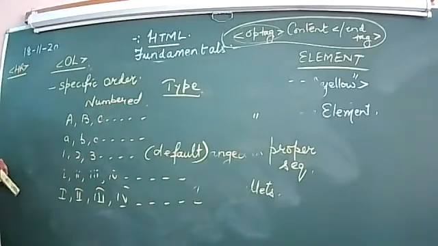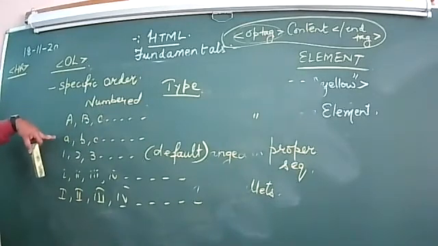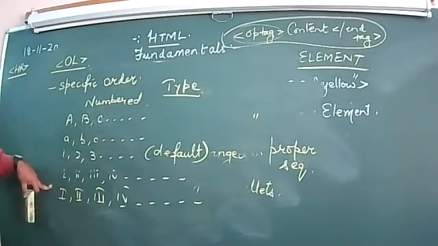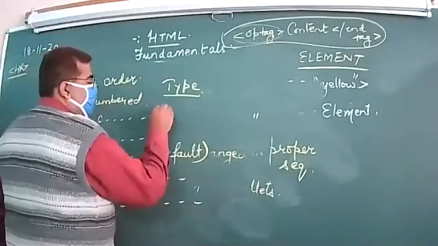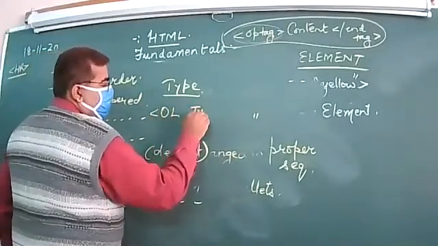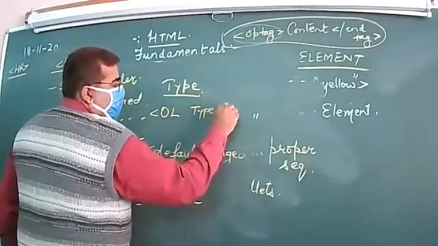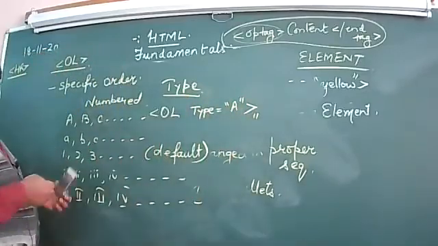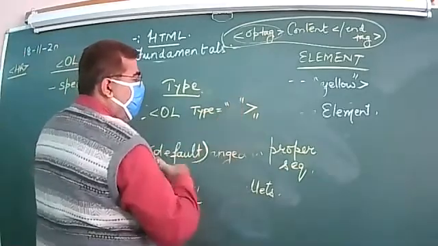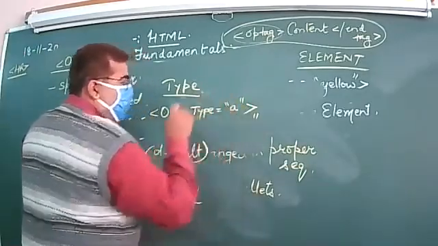Clear? Whatever formatting you want for your list, write the first letter of that structure in the type attribute. Suppose I want capital ABC, so I will write type equal to capital A. If I want small abc, I will write small a over here.